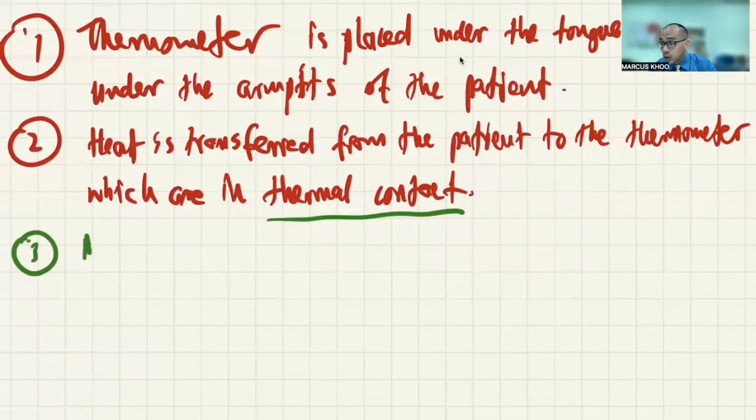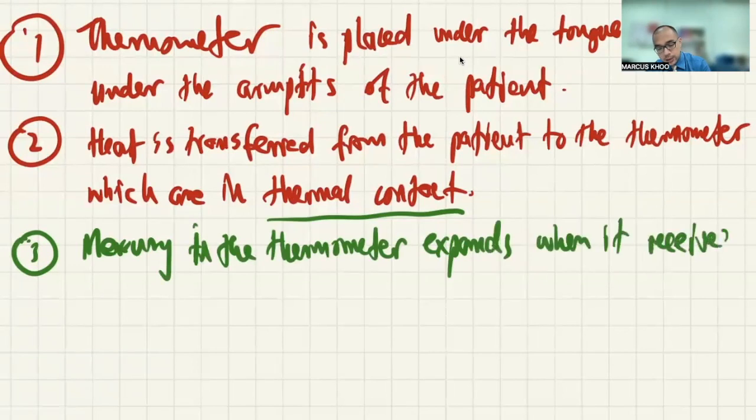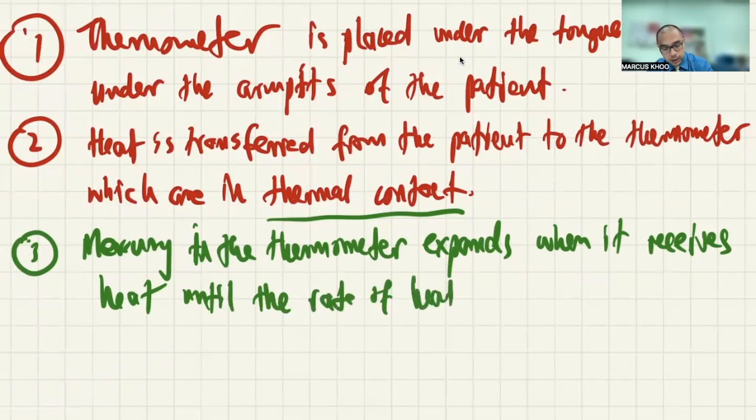So the mercury in the thermometer expands when it receives heat, until the rate of heat transfer is the same.